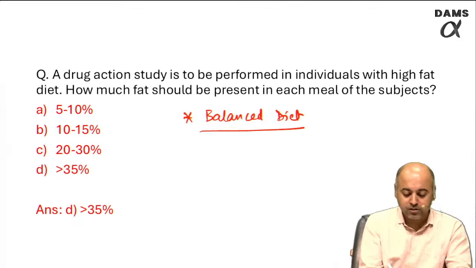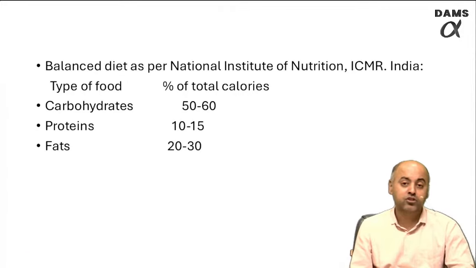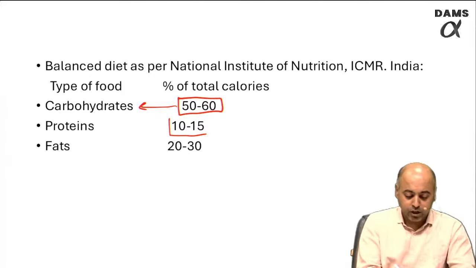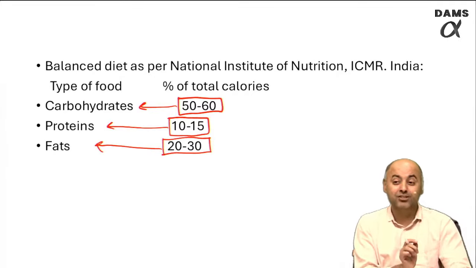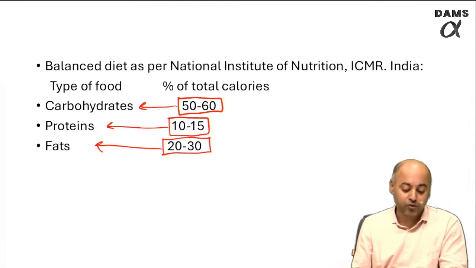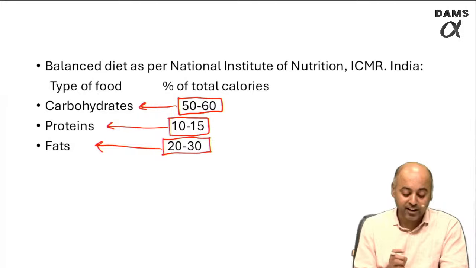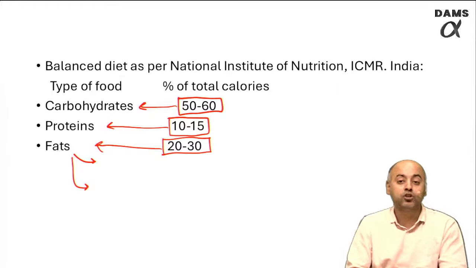As per National Institute of Nutrition, ICMR, about 50 to 60% of the calories should come from carbohydrates, about 10 to 15% from proteins, and about 20 to 30% from fats. Please note, very important, up to 30% of the energy should come from fats. However, we keep hearing, you should eat less fat. What you have to keep in mind is the fat that we are talking about is actually of two types.